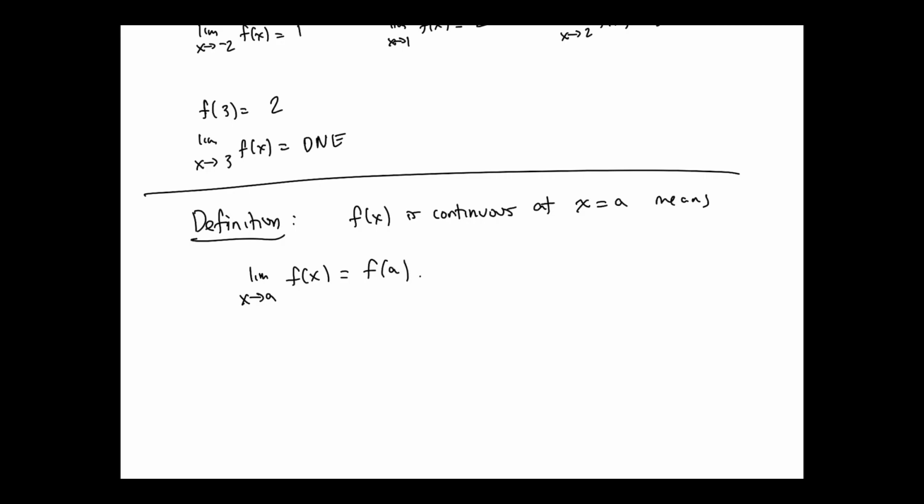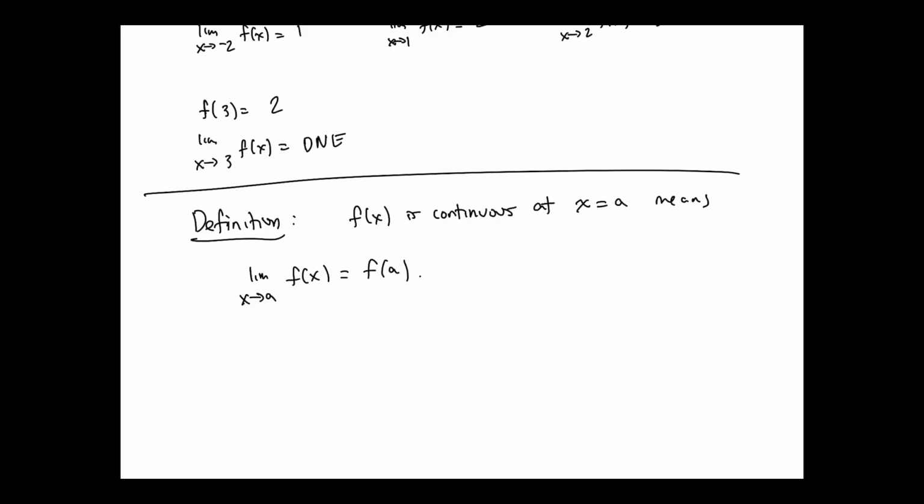Okay. Now, for that equality to make sense, the thing on either side has to actually be a number, right? Because I can't say equals if they're not even numbers. Okay. So yeah, the value of the function is equal to the value of the limit. And if that's the case, then it's continuous at the point a.